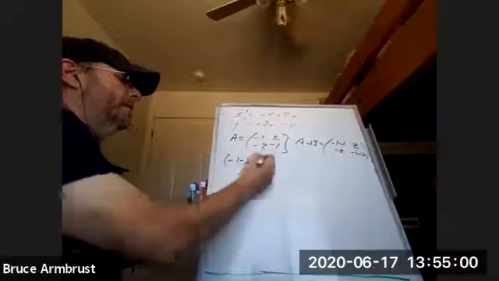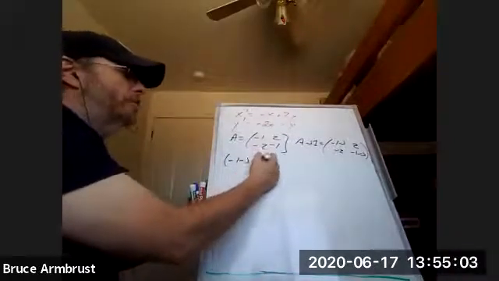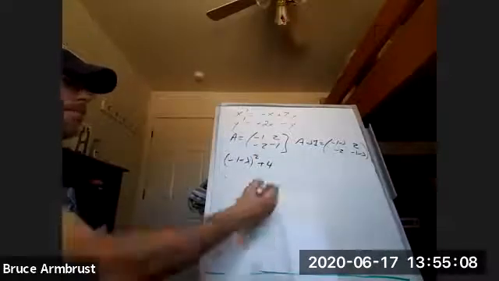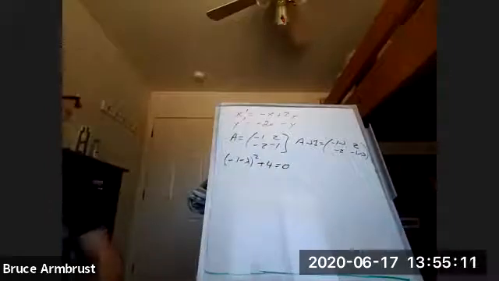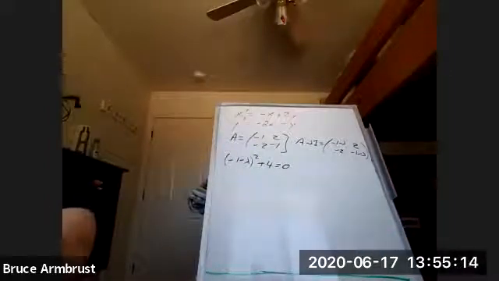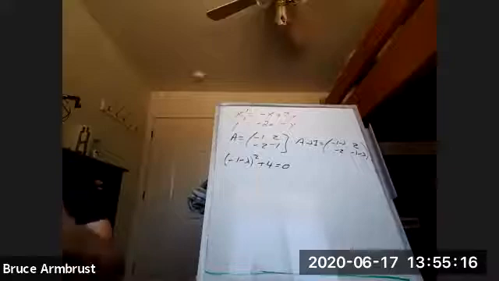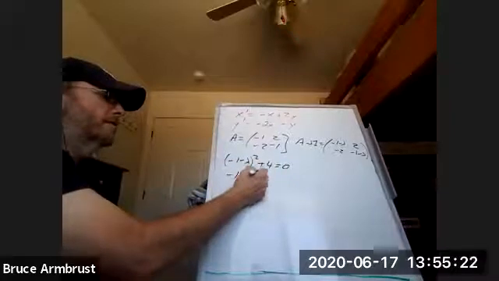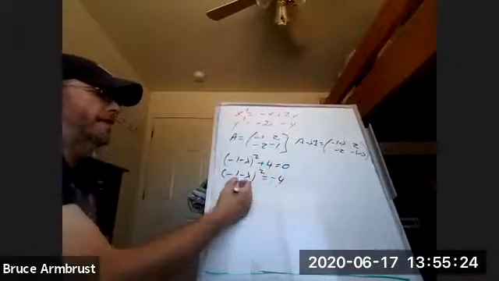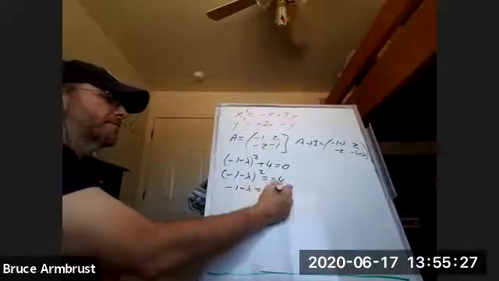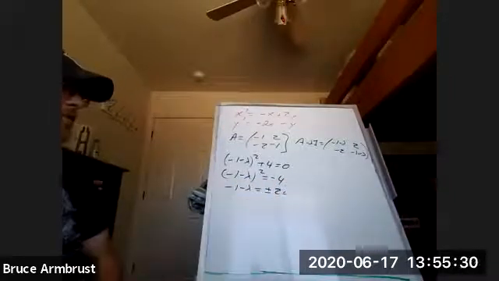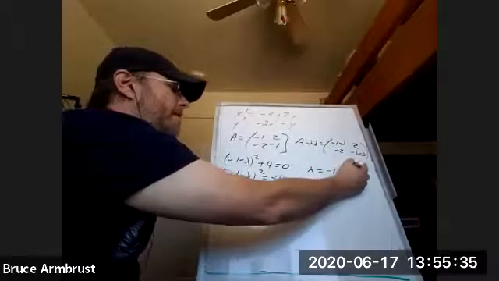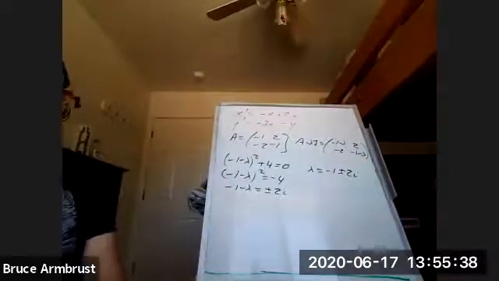Well, it's going to be (-1 minus lambda) squared plus 4. And I'm not even going to multiply it all out because this is already in completed-the-square form. So I can actually move that 4 over and now take a square root. And you can see the i's pop up. So we get that lambda is equal to -1 plus or minus 2i.